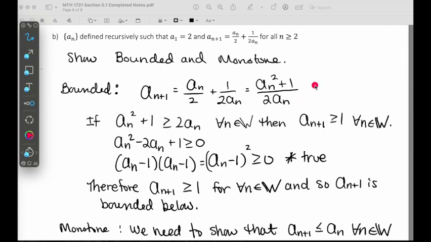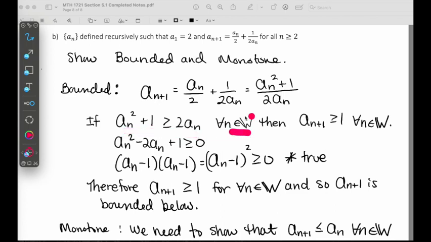Now, if I want to show that this is greater than or equal to 1, what I need to show is that the numerator is always bigger than the denominator. If I can show that an squared plus 1 is always greater than 2an, then this is always going to be bigger or equal to 1. So this is what I want to show.